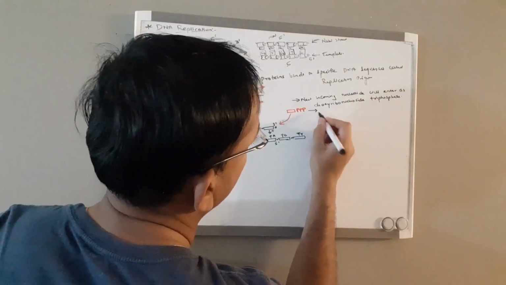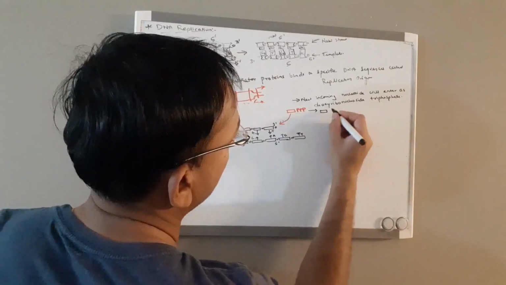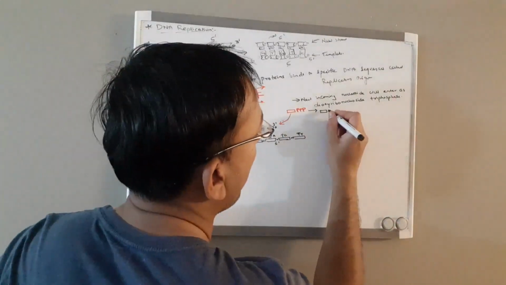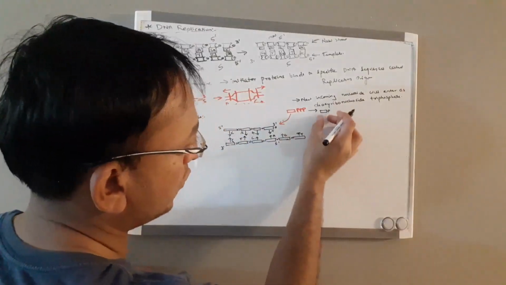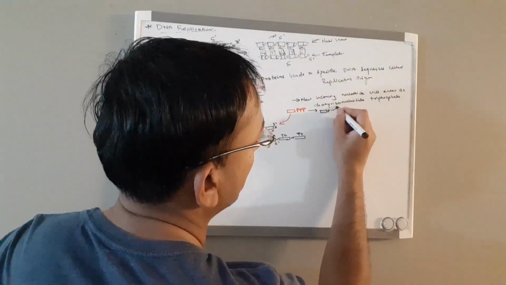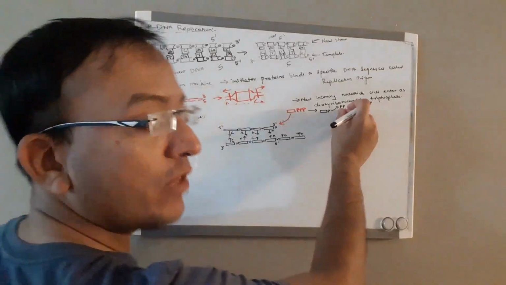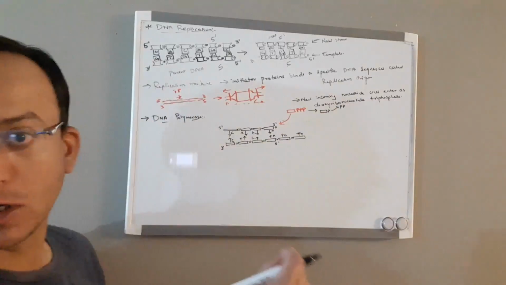Here it should join with just one phosphate, so it will remove these two, through hydrolysis of one of the high-energy phosphate bonds, releasing pyrophosphate.